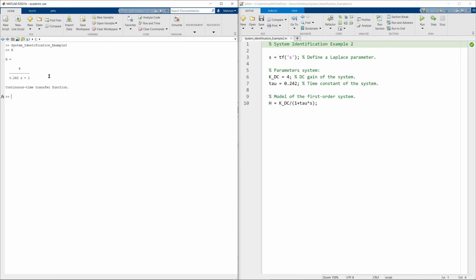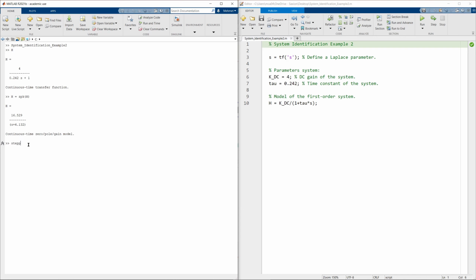I can also do that in the zero pole gain format. And you can see directly that the gain is approximately 16.53, and you can see the denominator, which is s plus 4.13, so you can see directly the pole is at minus 4.13.